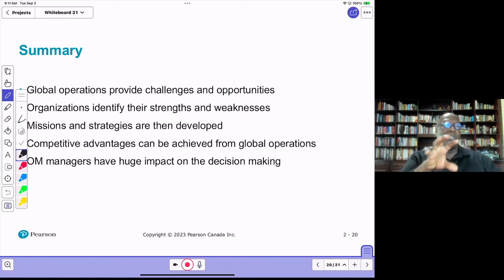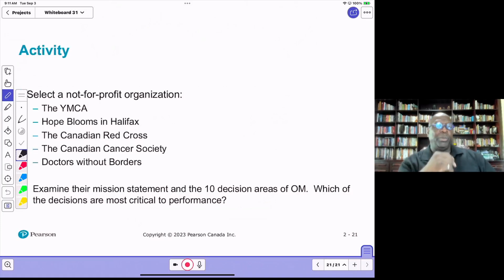So here's an activity for you. Picking the very same organization that you did in the previous activity, we want you to now look at the mission statement, identify what would be key performance priorities for that organization, and then what role the 10 decision areas of OM would play in supporting those performance priorities.